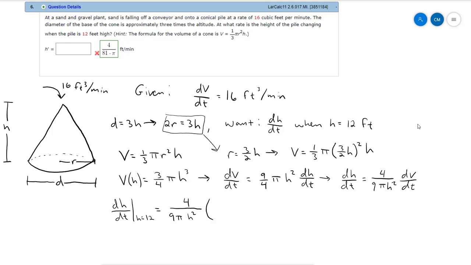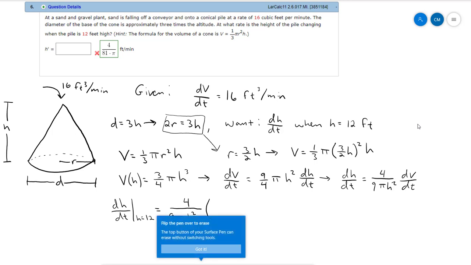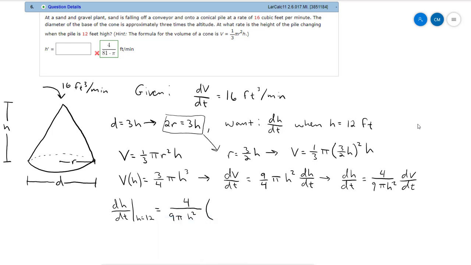And then dV/dt, oh, actually, sorry, we've got to put in the value of h there. That's going to be 12 squared. And then we have our dV/dt quantity from the wording at the beginning of the problem. That's 16.